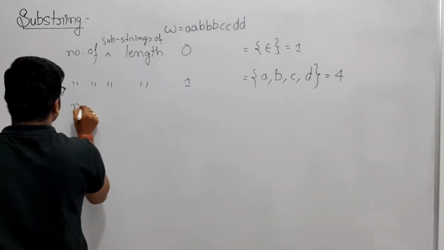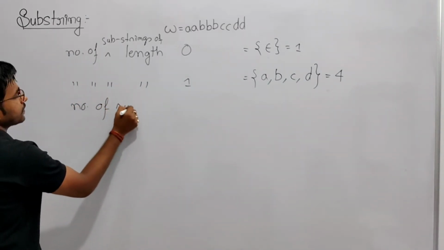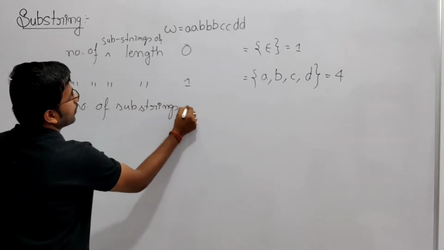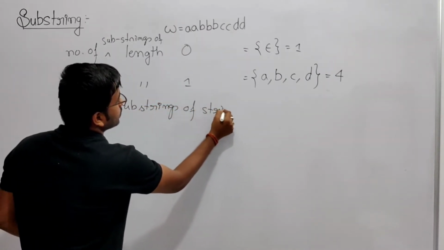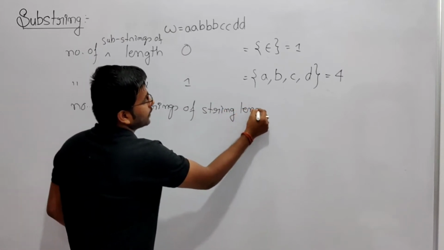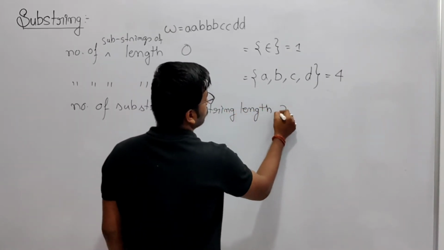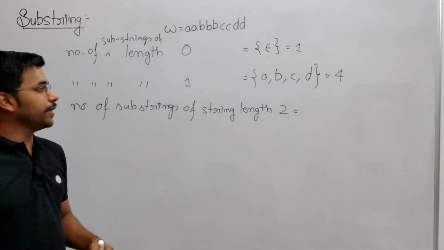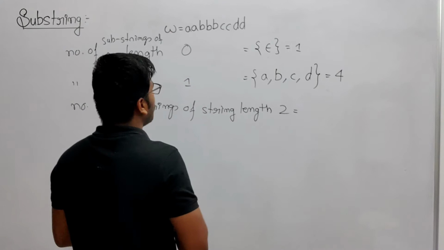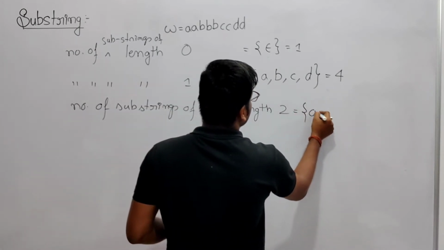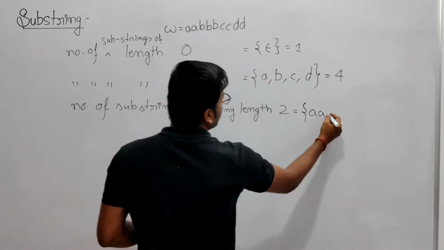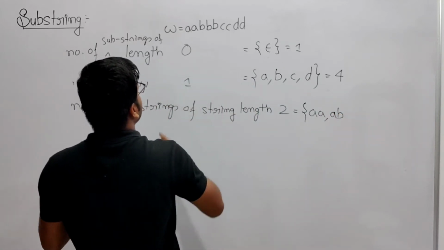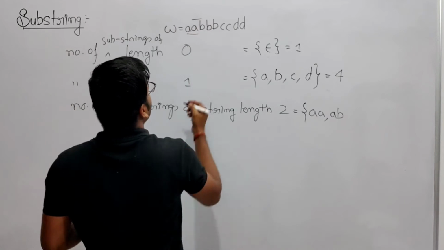Now again, the number of substrings of length 2. When the string length is 2, how many substrings are you going to get? You can write AA as one substring, then AB another substring, then BB.